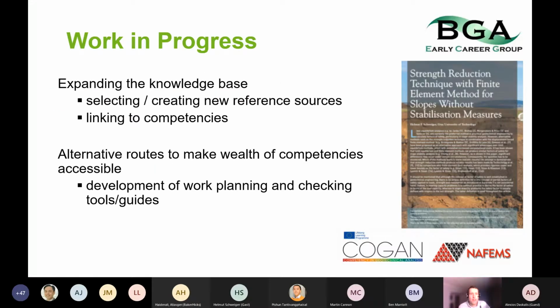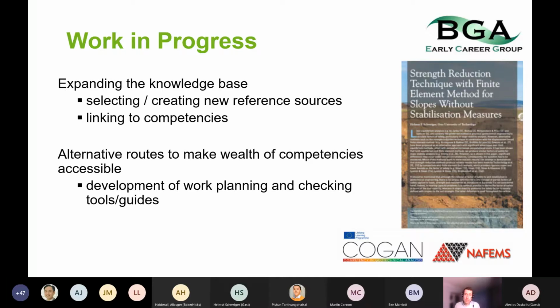Right, some final words on work in progress. We're currently working on expanding the knowledge base. What Helmut has presented here today on slopes is something that we will now reference back into the tracker as resource material, so that people who develop competencies on slope analysis can go back and find these resources to train themselves.